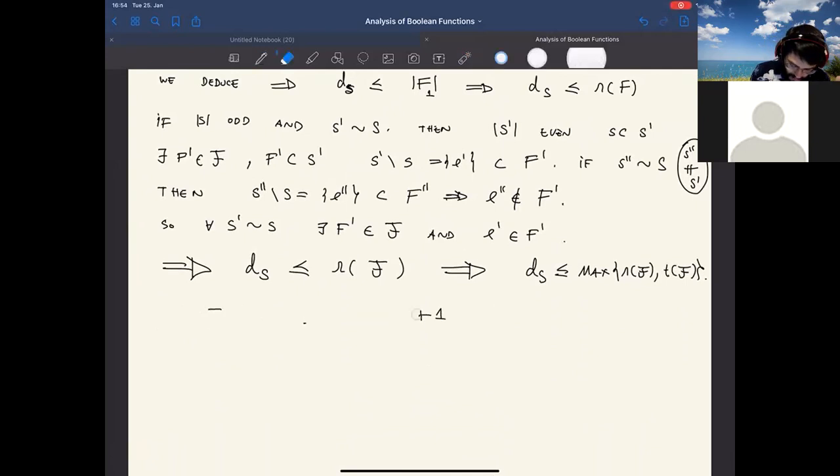So how do we do that? So first of all, if you get a set F even, so say fix F in the family you choose, and you look for the subsets which are even.